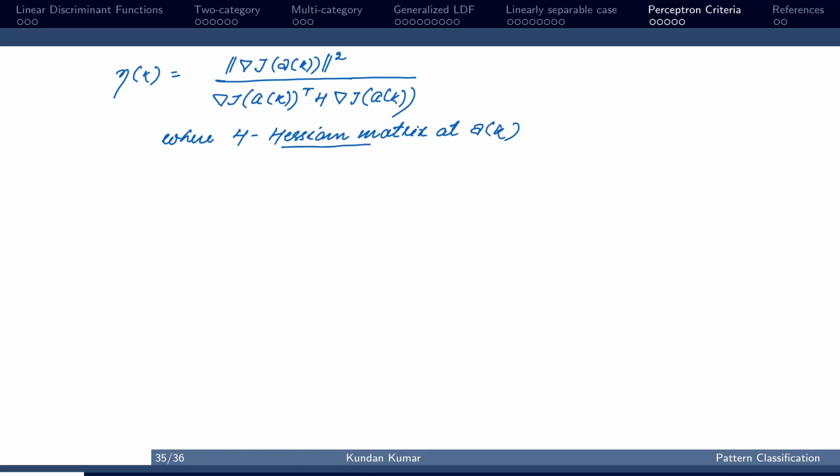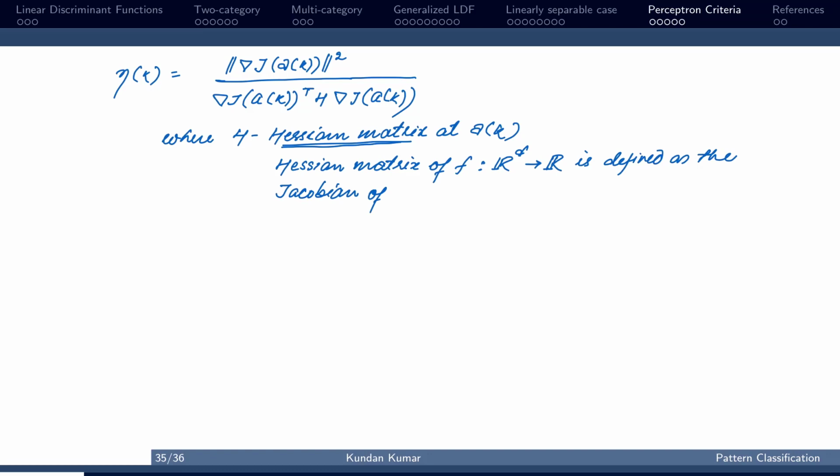And how is it defined? The Hessian matrix of F is the mapping from d-dimensional space to R, defined as the Jacobian of del F. So if F is some given function, we have to understand what the Jacobian of the grad F is.